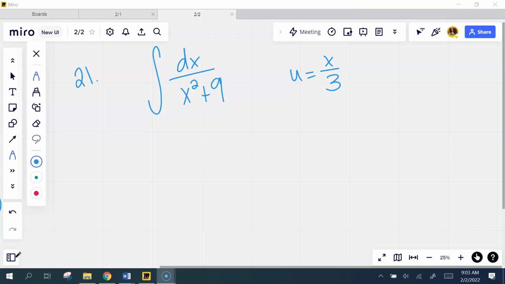And it said use, let u be x over 3. Okay, so that means du is going to be 1/3 dx.